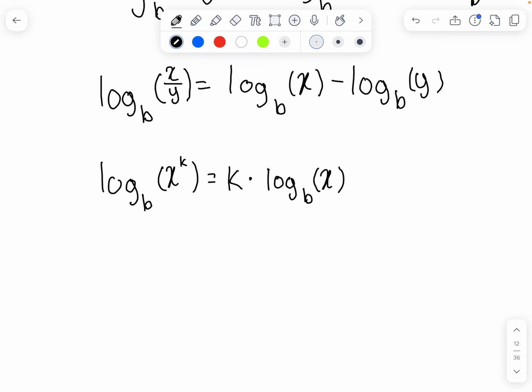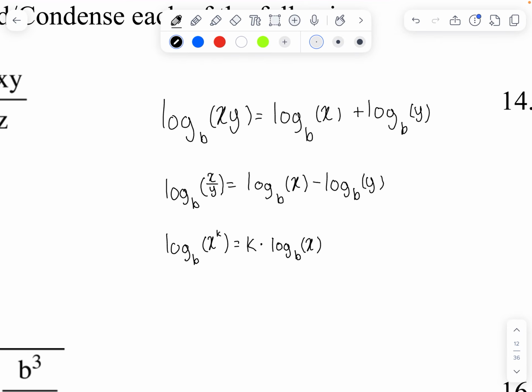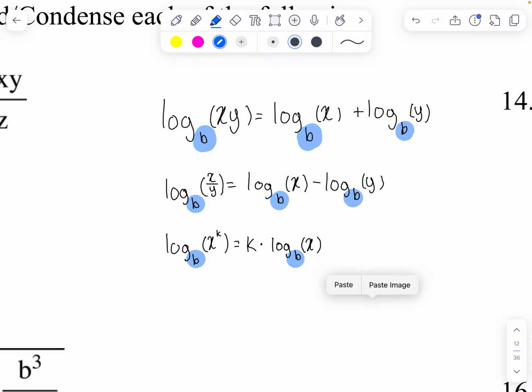Notice how the exponent can be moved to the front as a multiplier. These are the 3 logarithmic rules. But notice how they always have to have the same base. It is very key to know that when you are condensing logarithms, the base must always be the same. Otherwise, these rules will not apply.